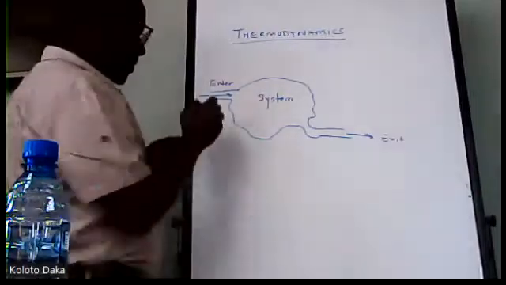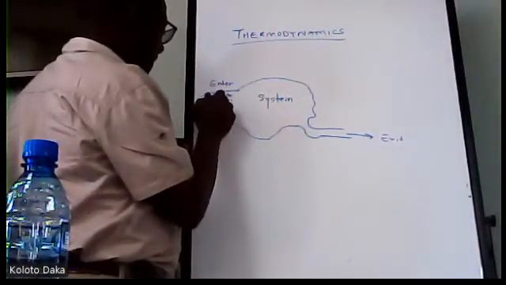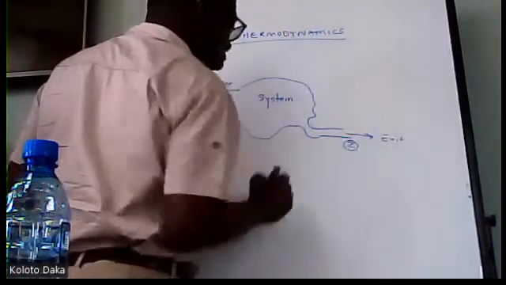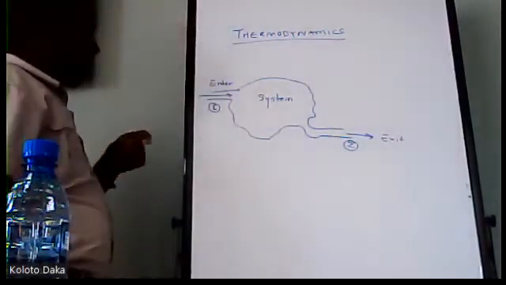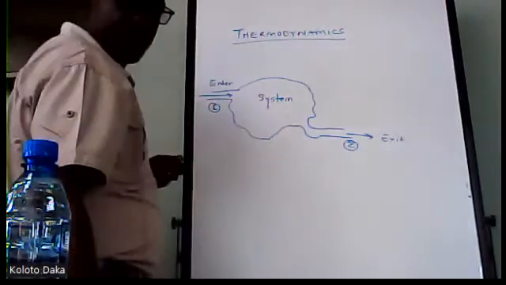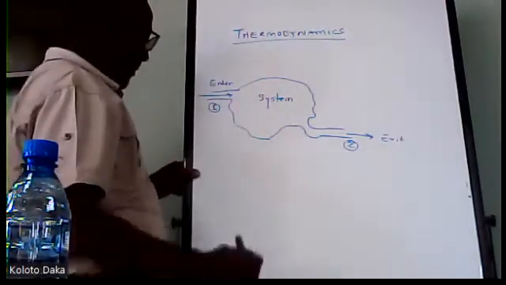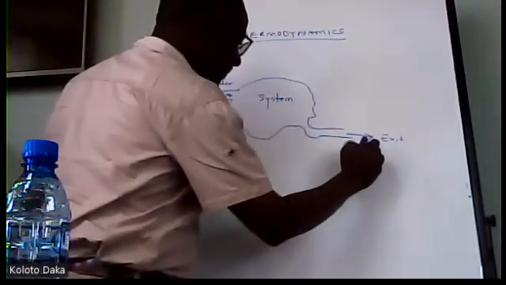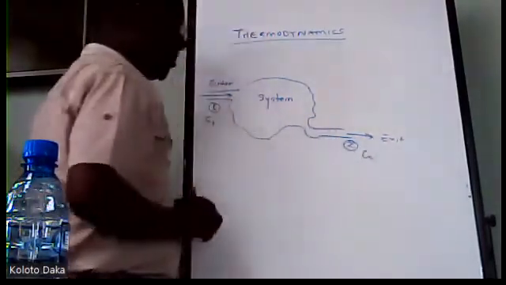Our entry point can be considered as 1, and our exit point can be considered as what? 2. So as things enter, we have got the velocity shall be called C1. As they exit, velocity shall be called C2.